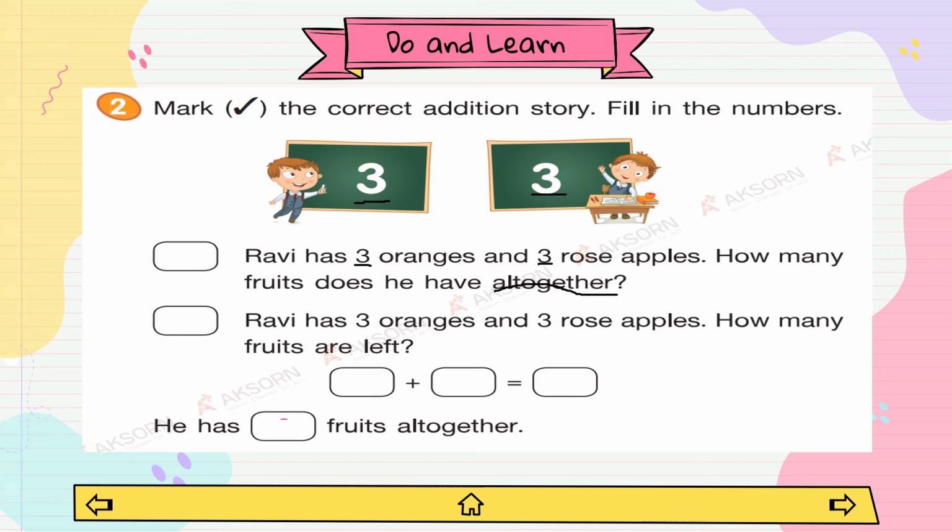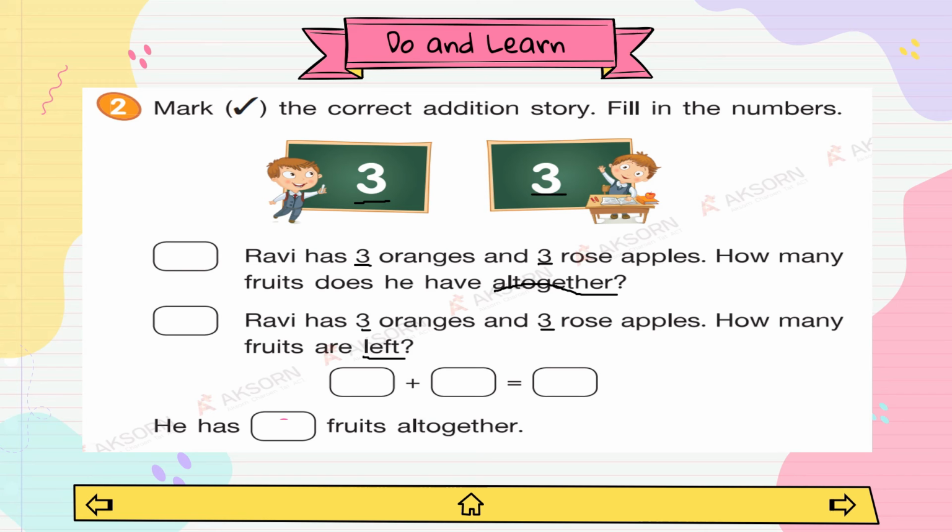Ravi has 3 oranges, correct, and 3 rose apples. For the question, how many fruits are left? The keyword we use is left. Left means something left behind, or you're going to minus it.